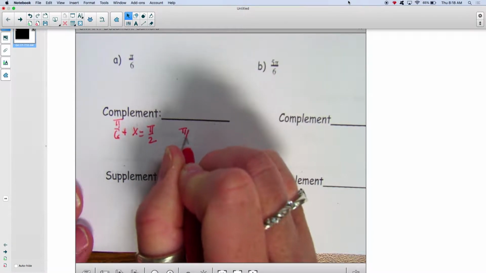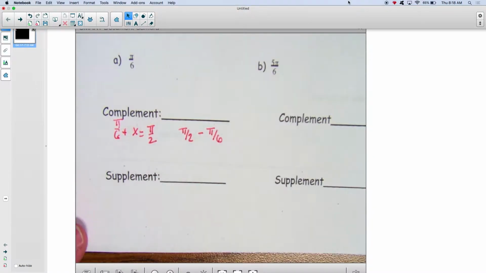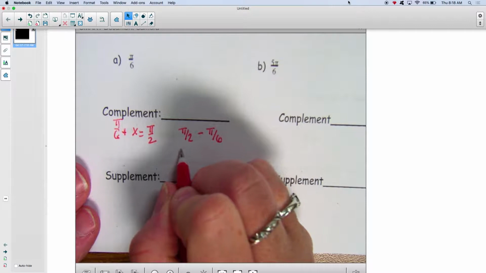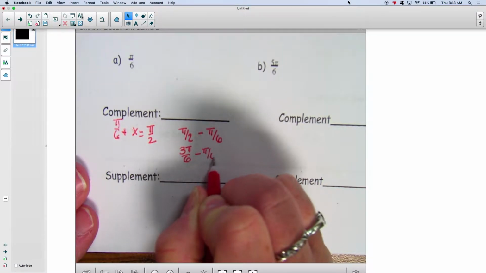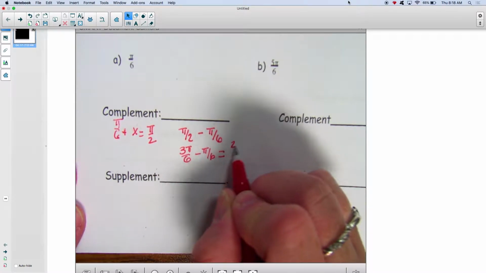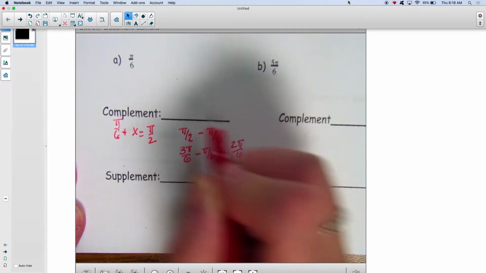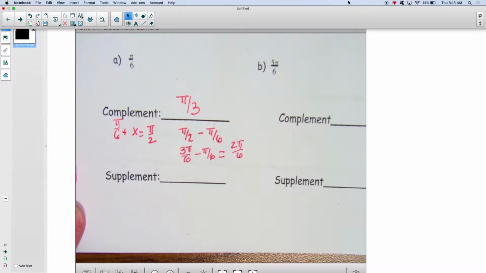So you take pi over 2, subtract pi over 6. So we have to have a common denominator. What is it? 6. So this is 3 pi over 6 minus pi over 6 equals what? 2 pi over 6, which reduces to pi over 3.